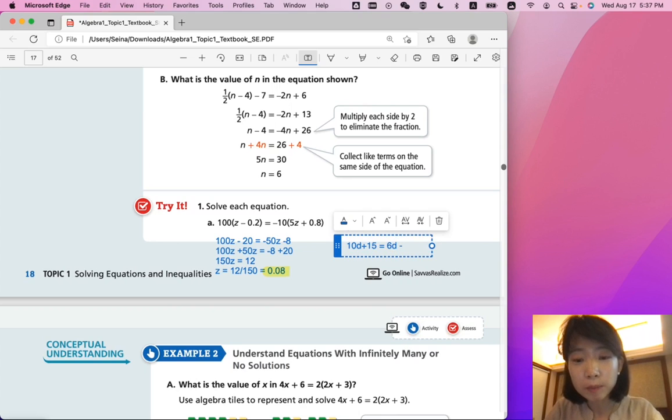And 6 times 1, which is negative 6, plus 1. And please combine the like terms, group them together. You're gonna subtract 60 on both sides to get negative 60 over here, and subtract 15 on both sides to get negative 15 over here.